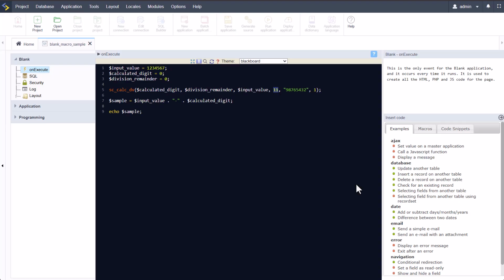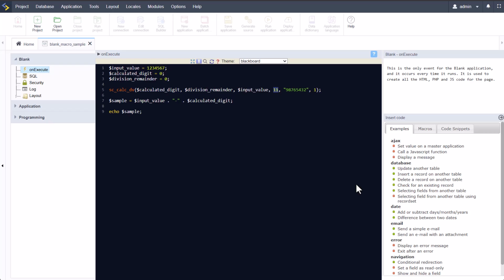Okay, and then we have weights. And that is like a string of numbers, like 1, 2, 3, 4, 5, 6, 7, or 9, 8, 7, 6, 5, 4, 3, 2, whatever numbers. They're just numbers. And these numbers are then used to multiply against each digit of your value. Remember, the base number you want to calculate the digit for. And then we have our type. So a type could be a normal sum of products.